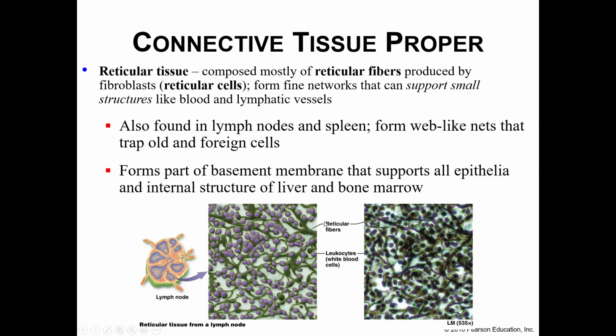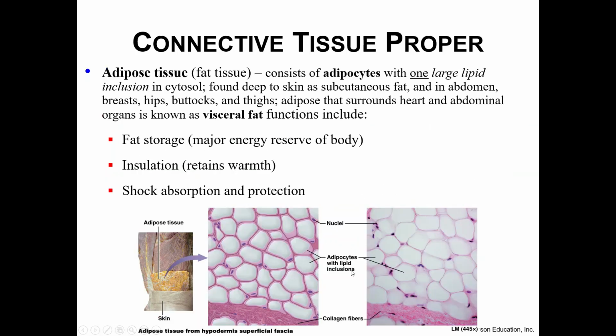So that's one of the common places that you find reticular tissues. Notice that in this particular example, we have a lot of leukocytes trapped within our spider web. These white blood cells, as your lymph nodes and spleen filter your lymph, your blood, things like that, we're trapping the bacteria in our spider web, and then these white blood cells can attack those foreign invaders.